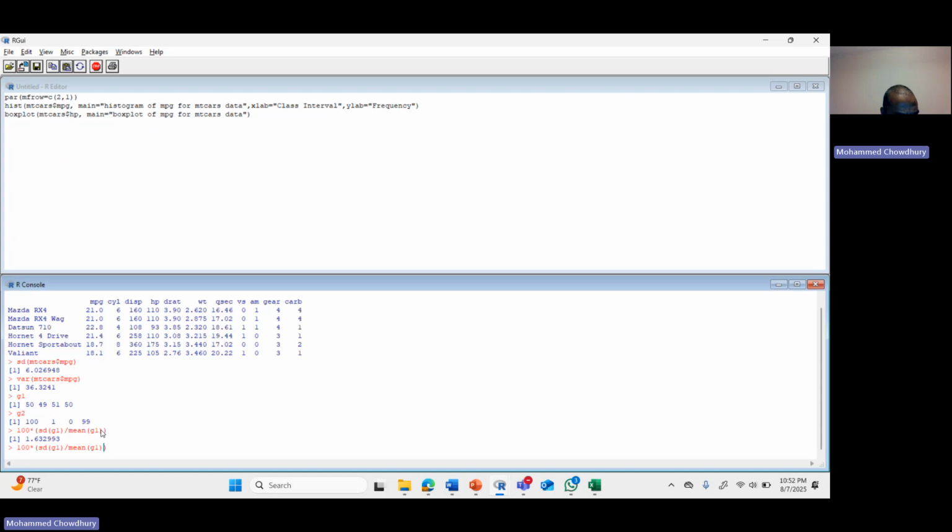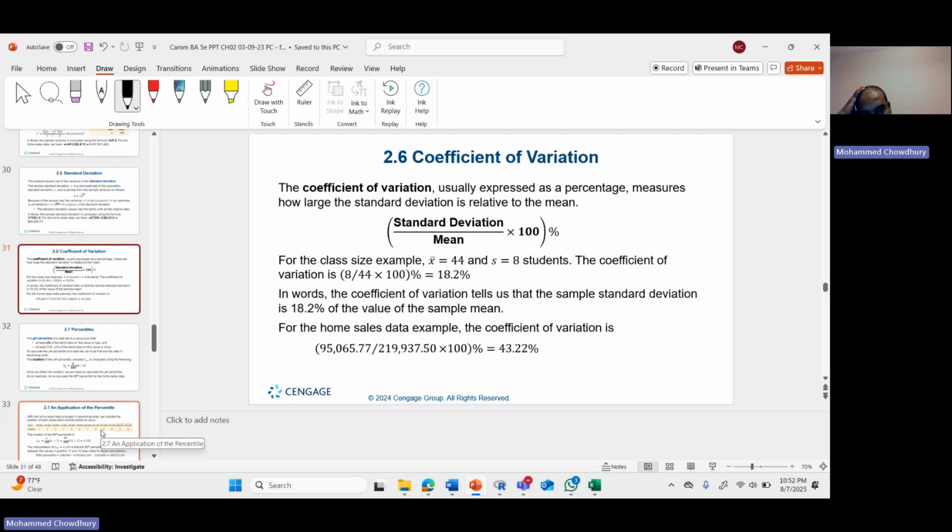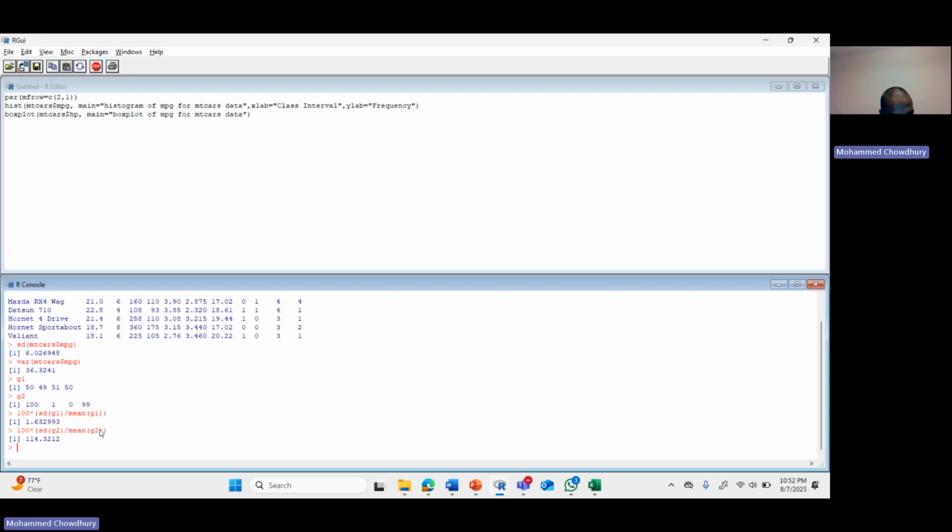And then if I want to find it for the second one, then this is the result. So for the second one, with respect to the mean, the variability is not that much because it is close to 1. Take a look at that, close to 1. But in the first, with respect to the mean, the variance is very high.